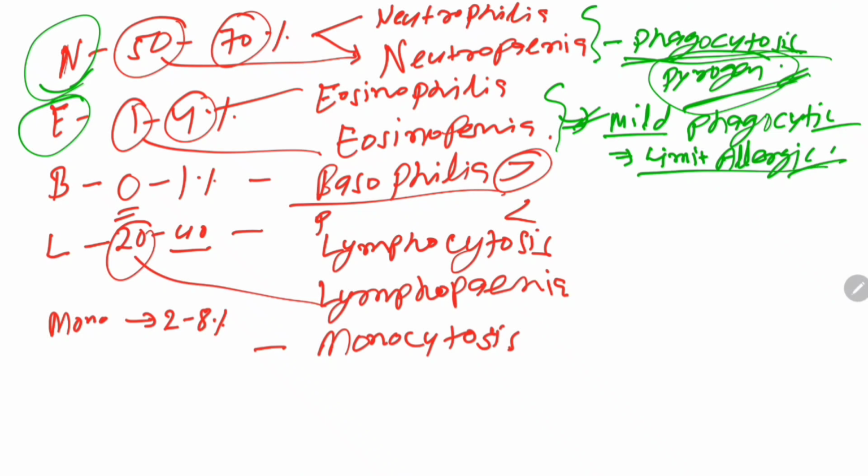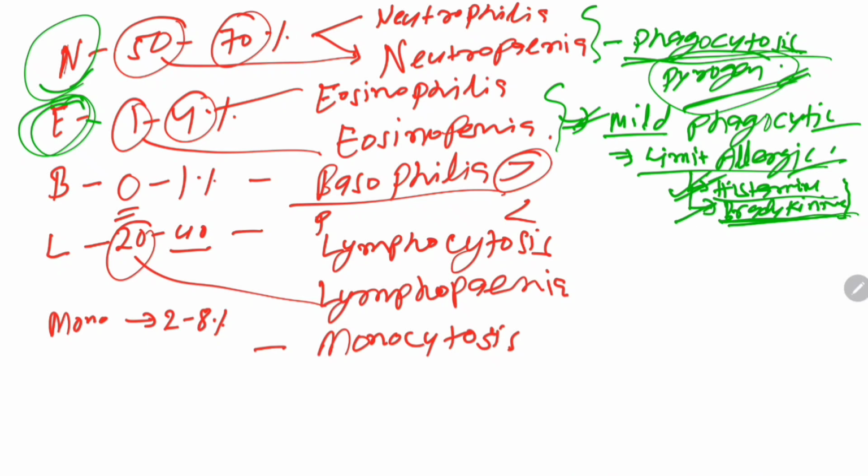So what are the inflammatory mediators? We have inflammatory mediators like histamine, and we can say bradykinin. So what will eosinophil do? Eosinophil will degrade, that is, break down histamine and bradykinin. The breakdown of histamine and bradykinin leads to less allergic reaction, because if histamine is more, it will produce allergic reaction.